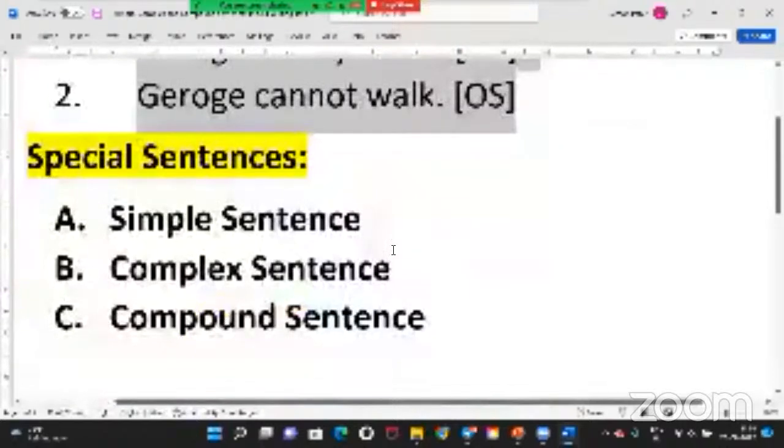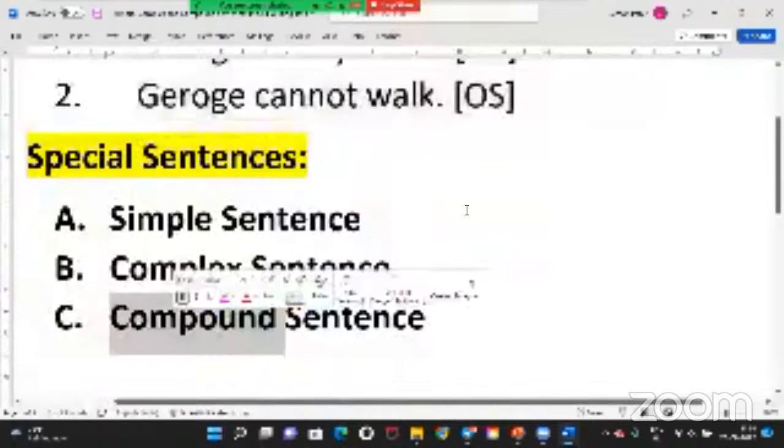Now let us see simple sentence. What do you mean by simple sentence? What do you mean by complex sentence? Everything is a sentence. These are also sentences, ordinary sentences. Now, ordinary sentence means what? Simple sentence means what? Complex sentence means what? Compound sentence.